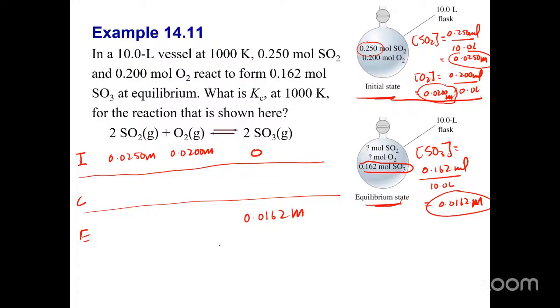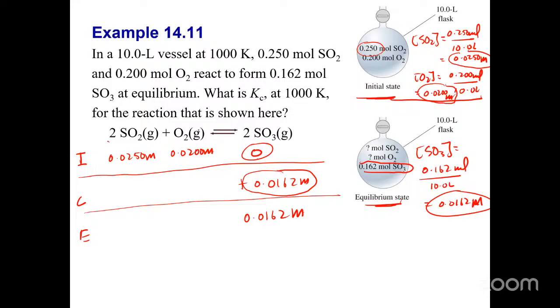Based on the fact that we started off with 0 M of SO3 and 0.0162 M of SO3 at equilibrium, we can determine the change. The change will obviously be plus 0.0162 M. Now, based on the amount of product that is formed, we can determine, based on the stoichiometry of the equation, the changes in the concentration of SO2 and O2.